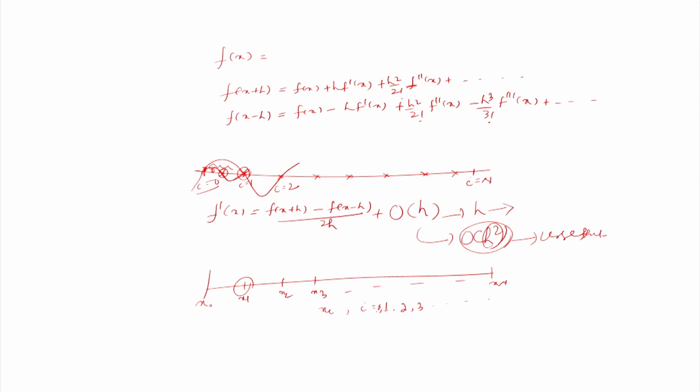Then f of xi can be defined at all the points, that means we can write f of x0, f of x1, f of x2 at each of the points there.